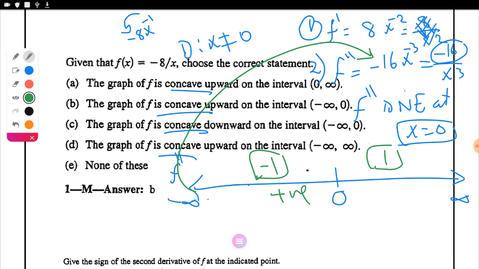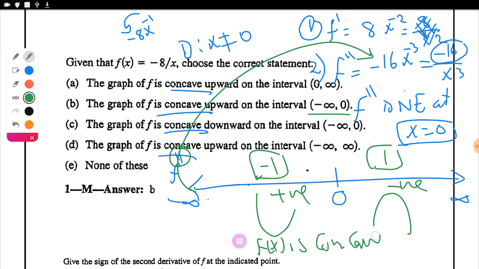Since the second derivative is positive, concave upward. Replacing the other one, it will be negative, so the second derivative says concave downward. This means the function is concave upward on 0 to infinity? No, it is concave downward. Upward on the interval negative infinity to 0.